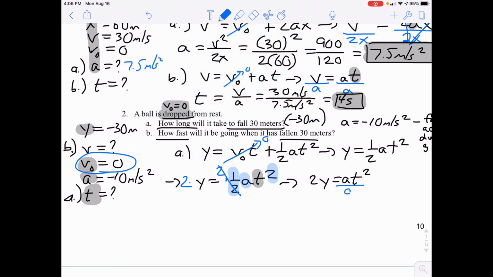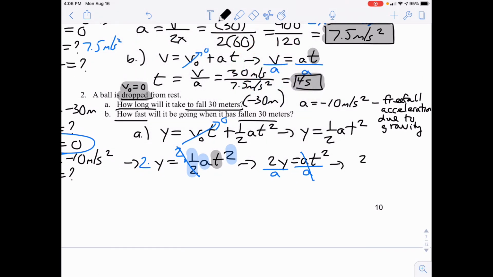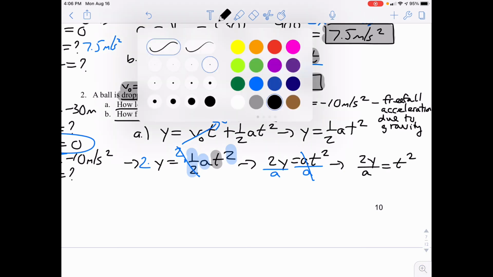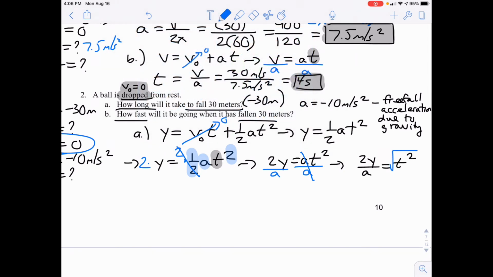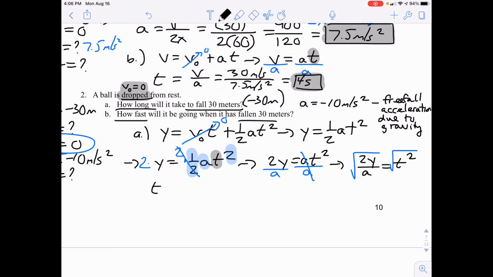Then I'm going to divide by a, because that gets the t squared by itself. Then I get 2y over a equals t squared. Finally, I'm going to take the square root because that's the opposite of squaring. And when I do that, I get t equals the square root of 2y over a.